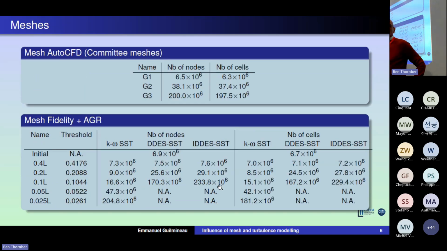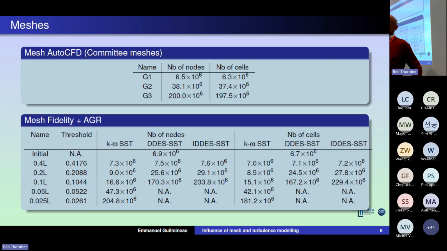This slide presents the number of cells for each mesh. At the top is the mesh generated by the committee, and at the bottom is the mesh obtained with automatic grid-refinement. I created a new mesh, because with the committee mesh it is not possible to use automatic grid-refinement with a mixed element.